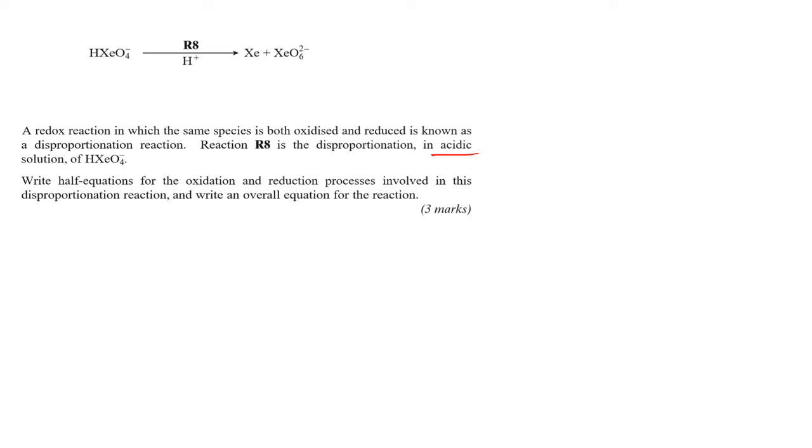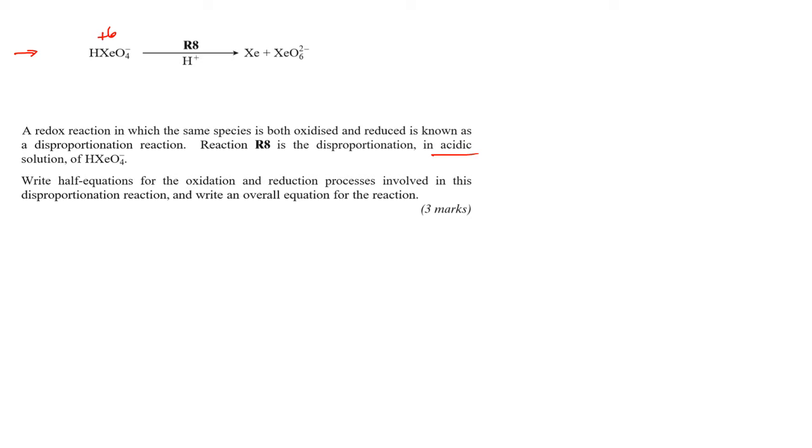This sort of question always follows the same steps. The first step is to look at the equation here and think about all the oxidation states. Okay, so we've got an oxidation state of +6 here. If you're not sure about +6, then work it out yourselves.